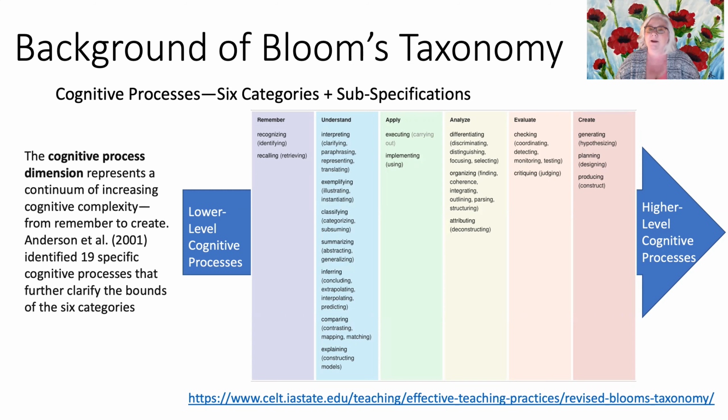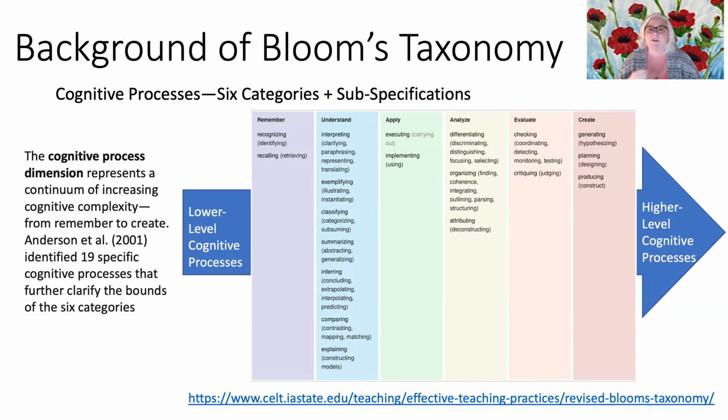Analyzing, we can think about here, we can differentiate things by discriminating, distinguishing, focusing in on a certain part, and selecting parts. Organizing, finding coherence or sequencing, being able to integrate things, outlining, that's thinking of that sequence, being able to parse it out or think about the overall structure. And then also being able to attribute or deconstruct, right? Like what causes something else.